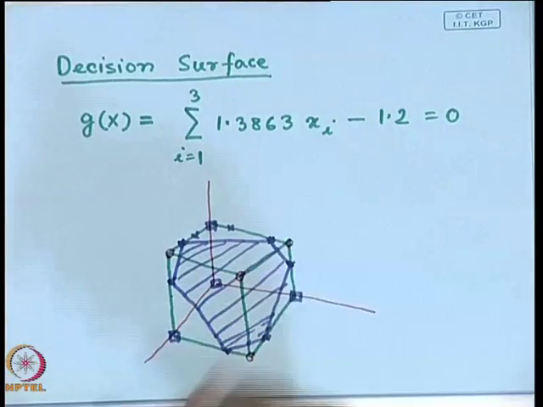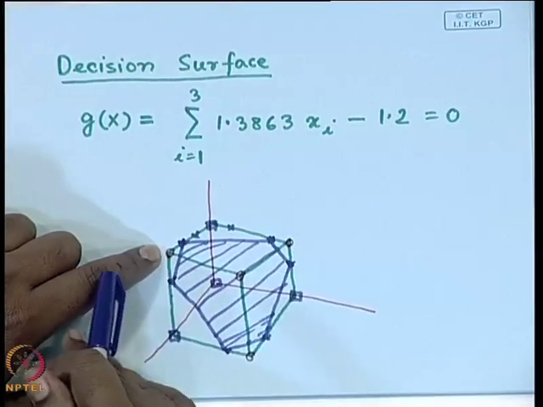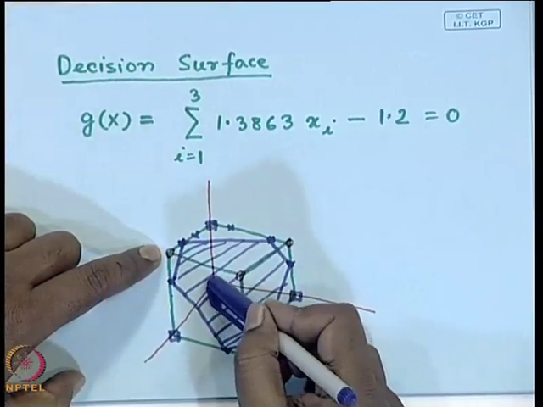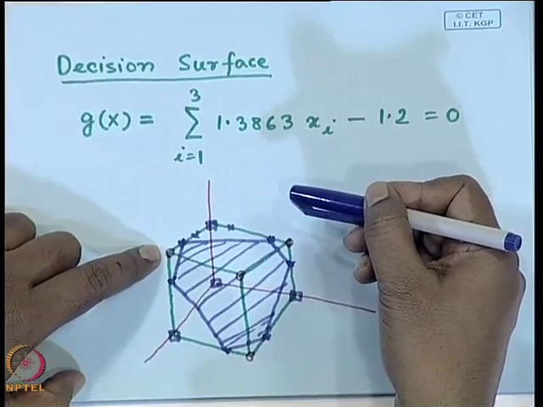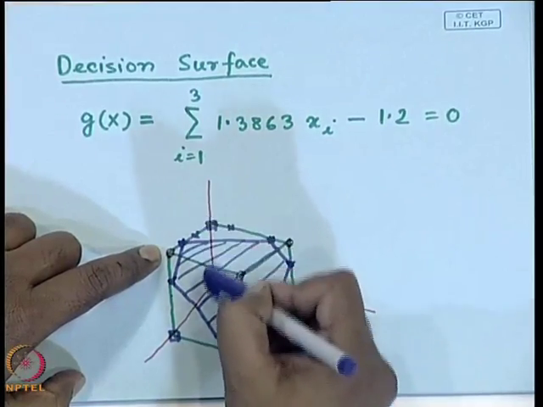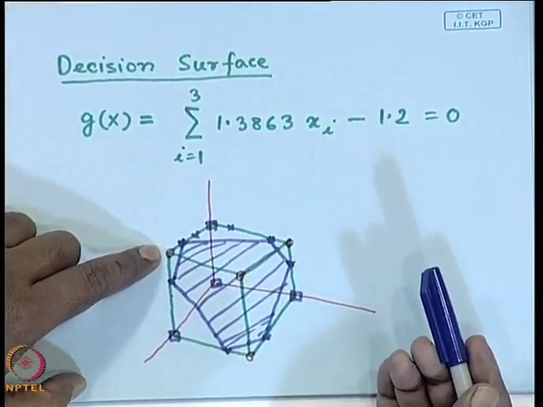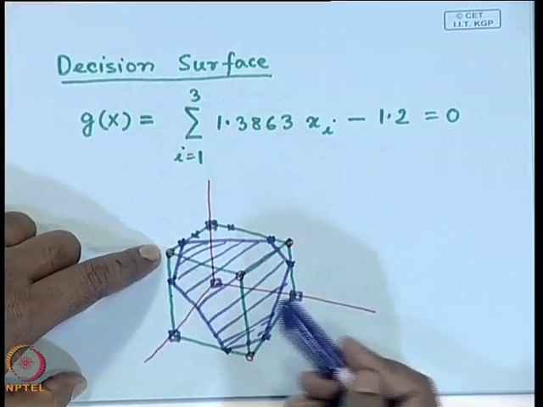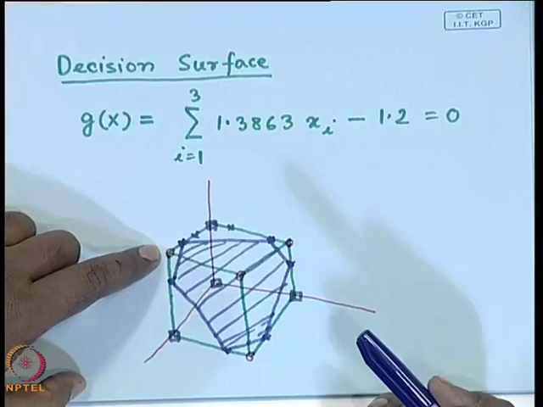Oh, right, I mean, it is the other way. These are the points which are put to class omega 1, and the other side is put to class omega 2. So it says if at least one of them is equal to 1, then the decision will be in favor of class omega 1. Otherwise, the decision will be in favor of class omega 2.